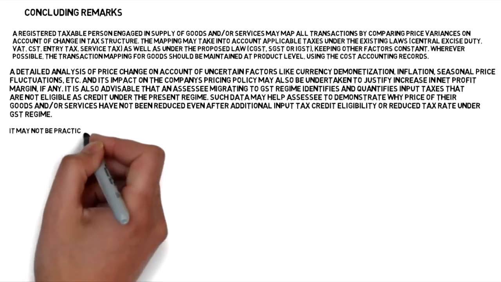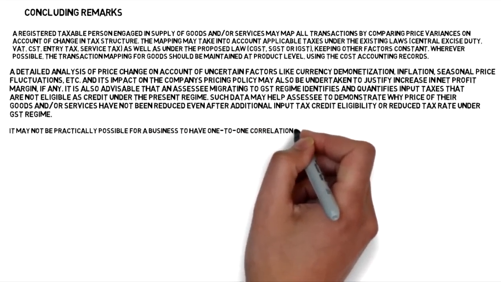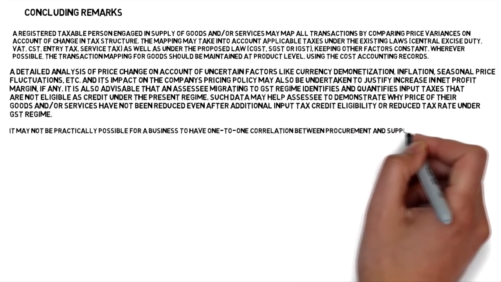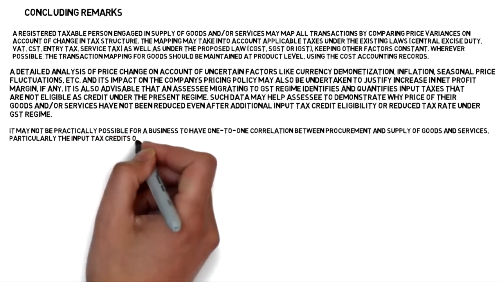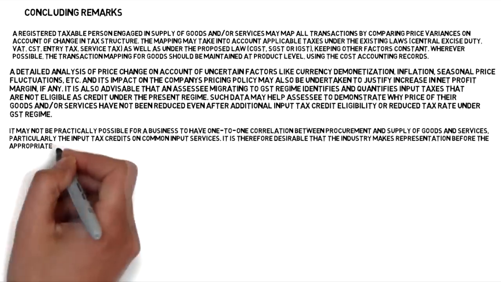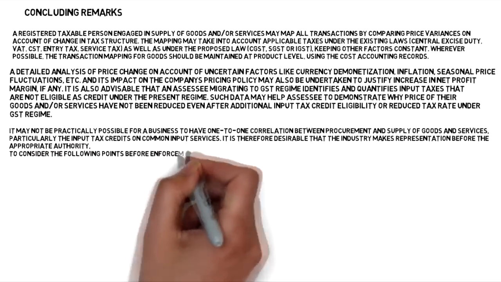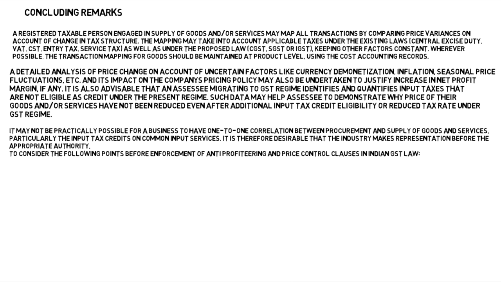It may not be practically possible for a business to have one-to-one correlation between procurement and supply of goods and services, particularly the input tax credits on common input services. It is therefore desirable that the industry make representation before the appropriate authority to consider the following points before enforcement of anti-profiteering and price control clause in GST law.